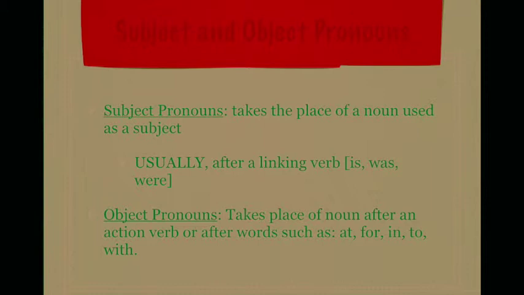To replace Sophia, I would say she licked her paw, or the cat licked her paw. Both of those are pronouns. And they usually come after a linking verb, but as you heard me say that last sentence, the pronoun was at the beginning of a sentence. But usually they come after linking verbs, which are the words are, is, was, were, etc.